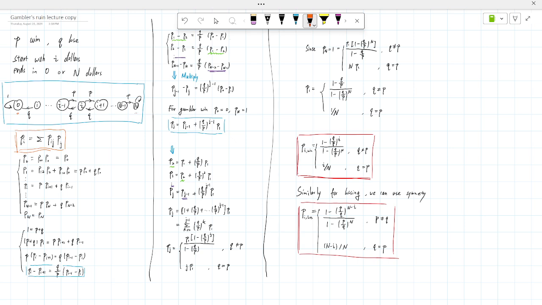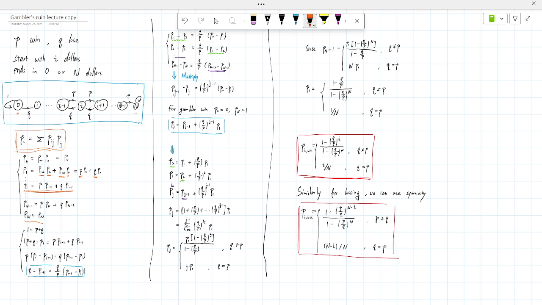So P0 equals P0, P1 equals P times P2 plus Q times P0: going from state 1 to state 2 has probability P, and going from state 1 to state 0 has probability Q. Going forward is probability P, going backward is probability Q. Same thing for everything, so we can generalize as this function. And then at the very end, Pn equals Pn.